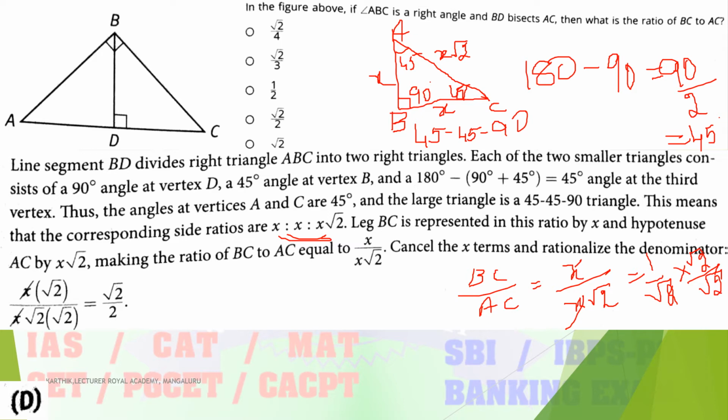Then square root of 2 into square root of 2 is 2, divided, and above the numerator square root of 2. Just check whether this answer is there. Yes, this answer is there. I hope all of you understood. Just multiply and divide by square root of 2, then you will get the answer. Option D is the correct answer.